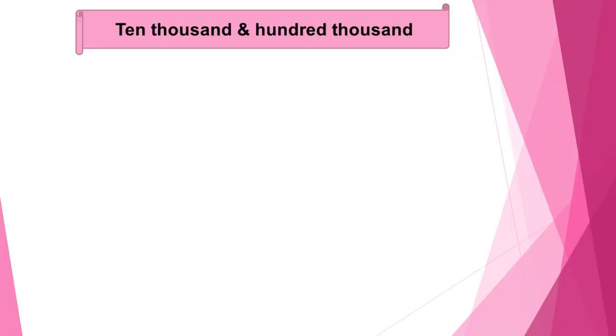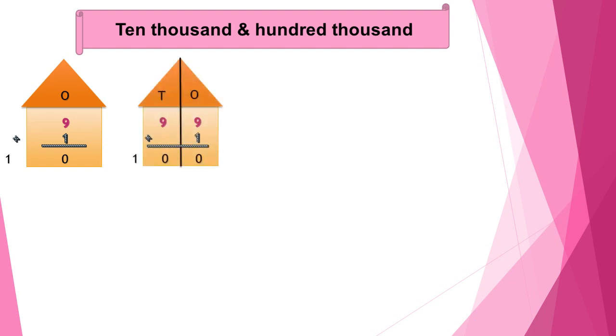Now we will study 10,000 and 100,000. We studied before that each number has a home. This home is called place. And we studied that the first home has one room only, ones. The second home has two rooms or two places, ones and tens.